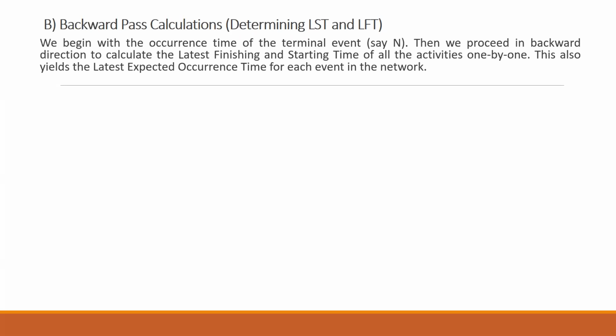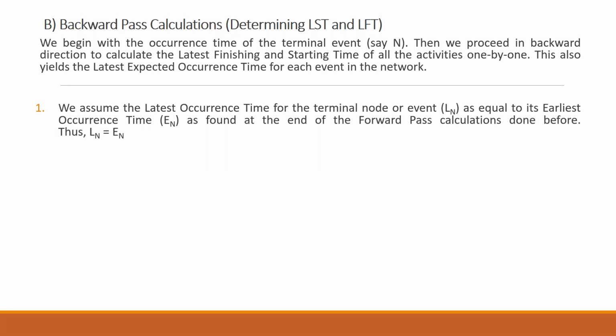So we begin with the occurrence time of the terminal node, let us take that as capital N, and then proceed in the backward direction to calculate the latest finishing and starting times of all the activities one by one. This also yields the latest expected occurrence time, Li and Lj, for each event in the network.